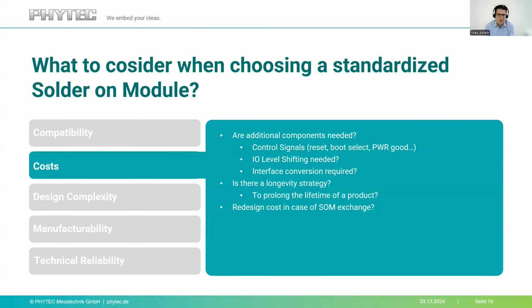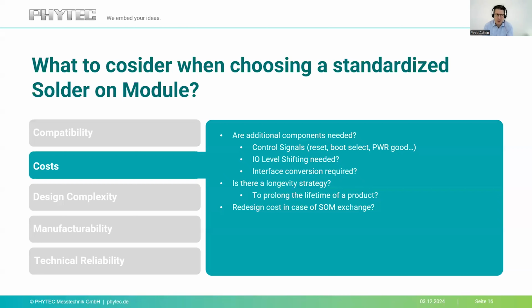So you're going to have to look at all modules that you want to use and make sure that you're really capable of controlling those signals. Maybe there might be the requirement to do I/O level shifting if the I/Os differ from one module to the other. And of course, maybe you also want to convert interfaces.